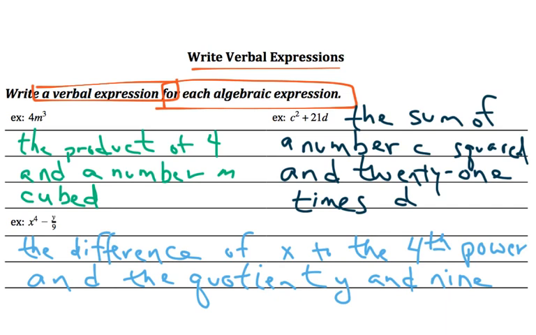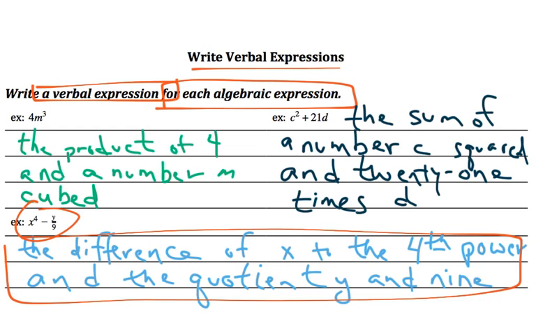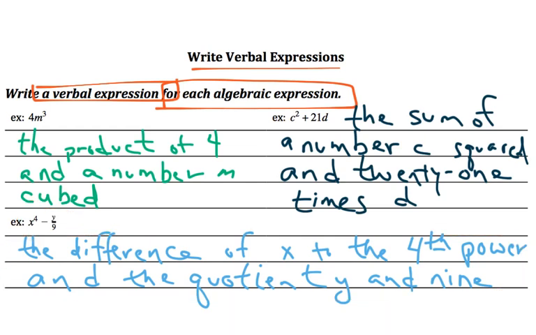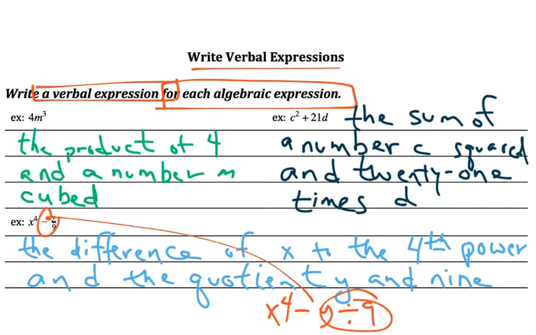And then once you write these down, you could try to do the actual problem that you created, because if you did this problem and you ended up with something different than here, you're probably like, well, I screwed up. So the difference of x to the power 4 and the quotient of y and 9. Oh yeah, that's cool, because a division symbol, well, that's the same as a fraction. I'm good to go there.